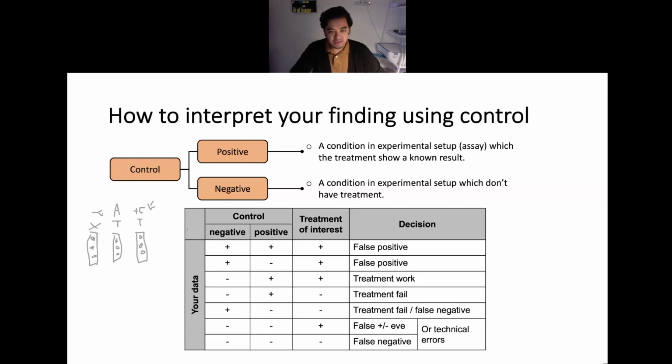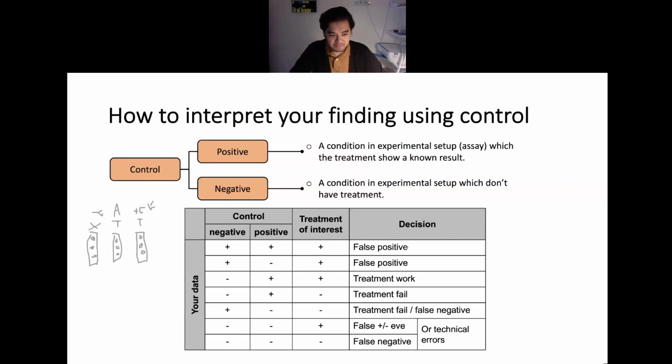Okay, so by having positive and negative control in your experimental setup, you will find that if you get your data, when you see the performance of your treatment of interest equivalent to the positive, and at the same time your positive control also showing better growth, in the same case, your treated data is probably a false positive.